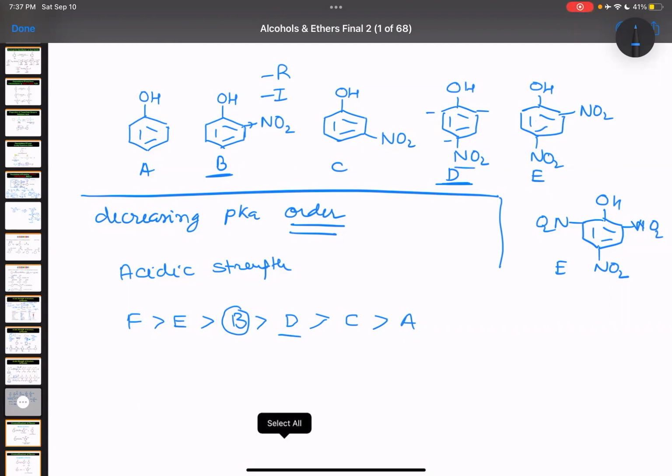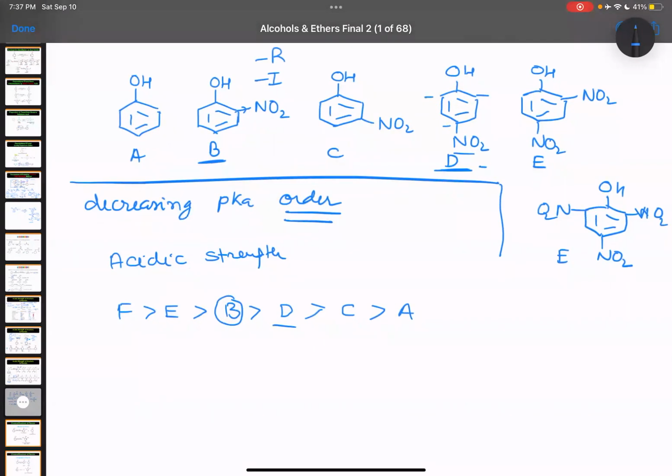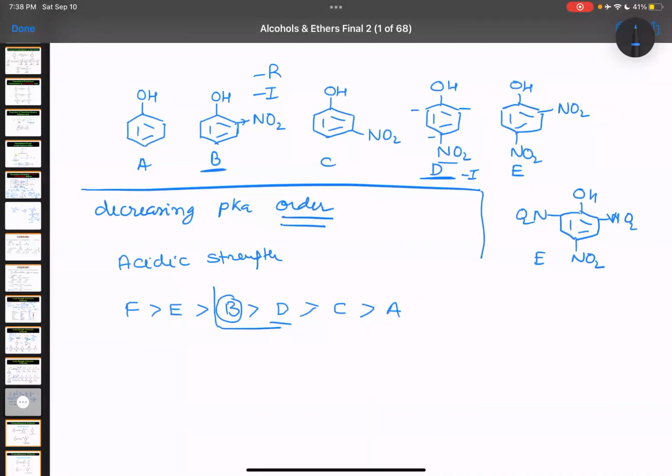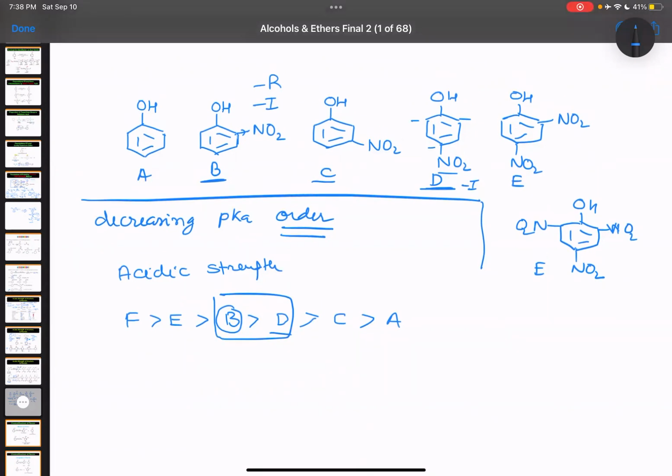But D is a bit farther, so the minus I is going to be less. But the correct answer is that C is going to be less acidic than B and D because the nitro group is at the meta position, so the minus charge is not going to come on nitro.